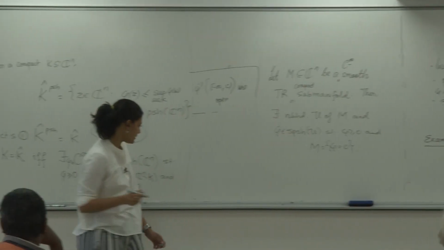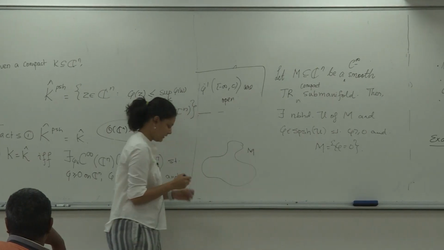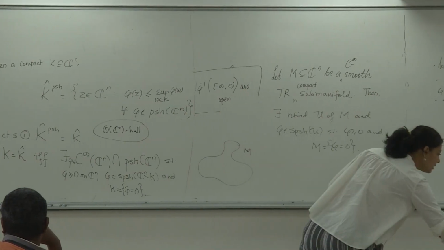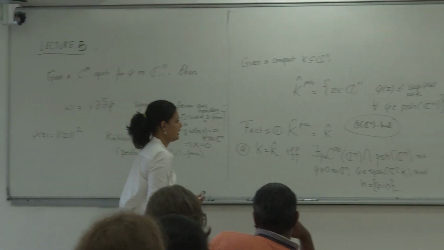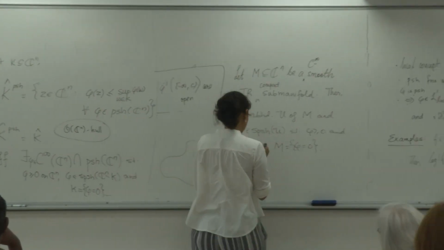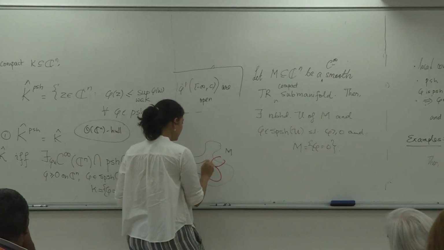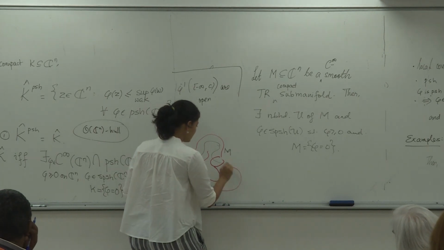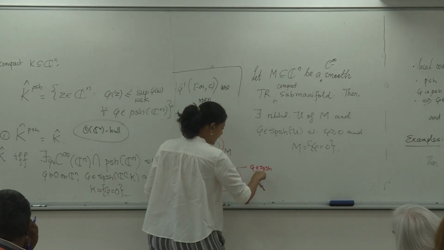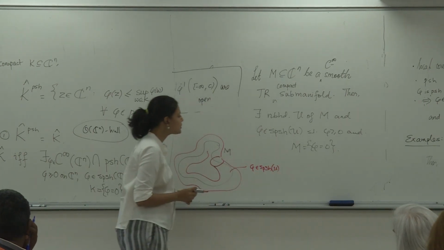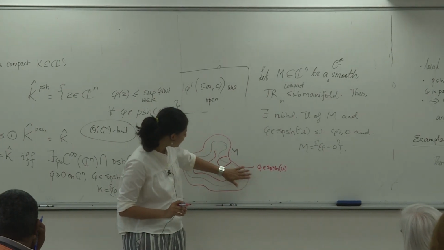So we have some totally real manifold, and what we are saying is that you are able to find some neighborhood around this, and a very nice SPSH function so that its zero set is exactly M, and it's non-negative.